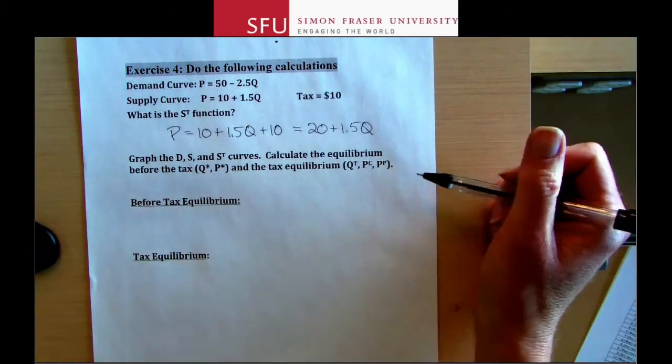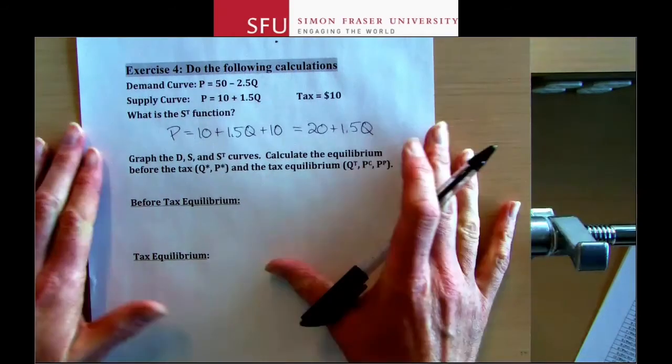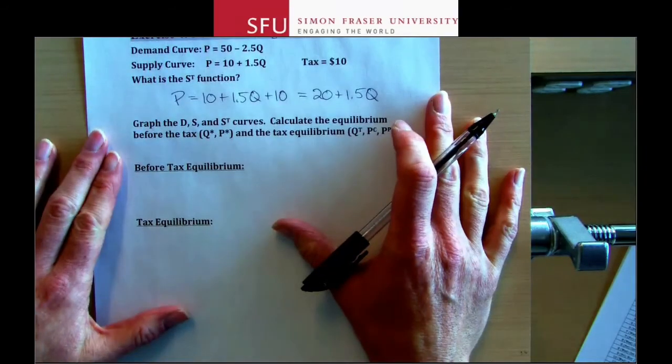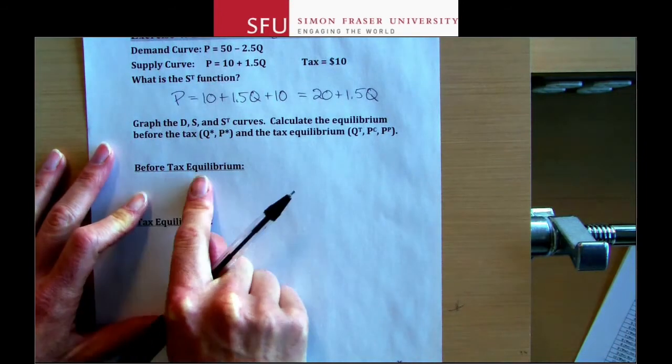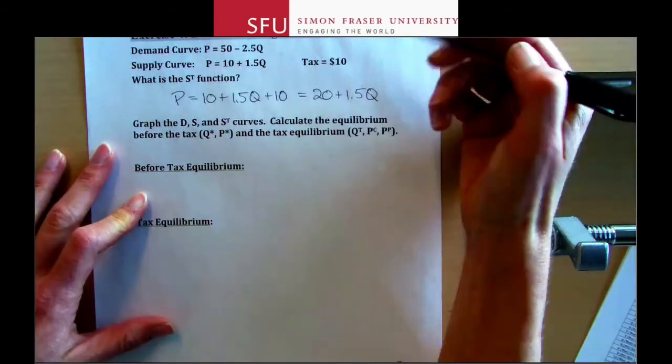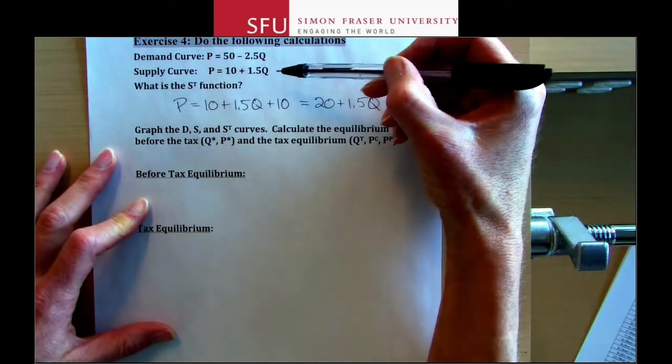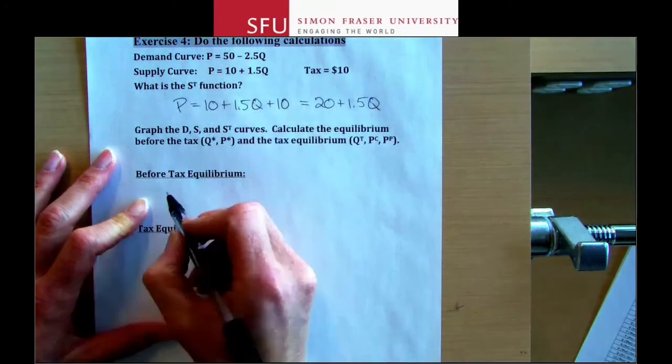Okay, and we're going to graph it on the next page. But before we graph it, let's do some of the calculations. So first, the before tax equilibrium. That's just using the demand function and the original supply function.